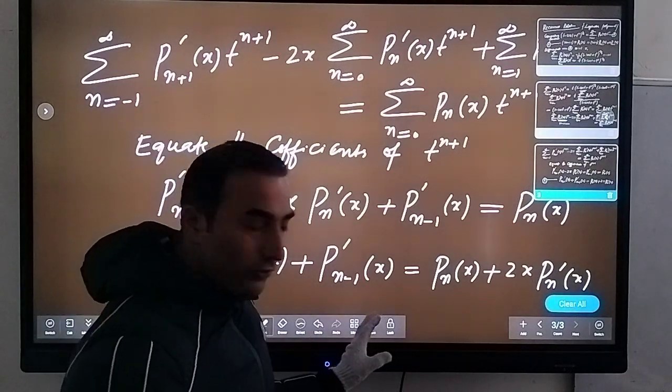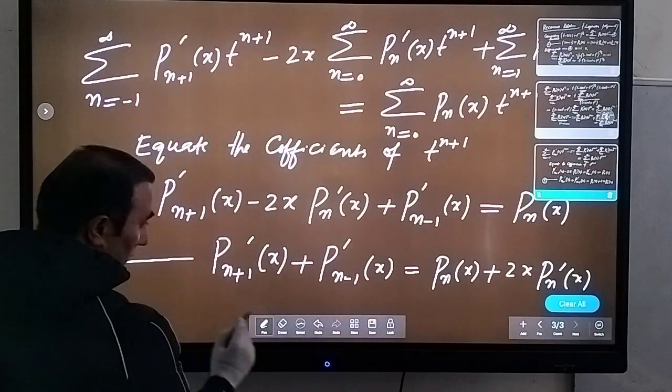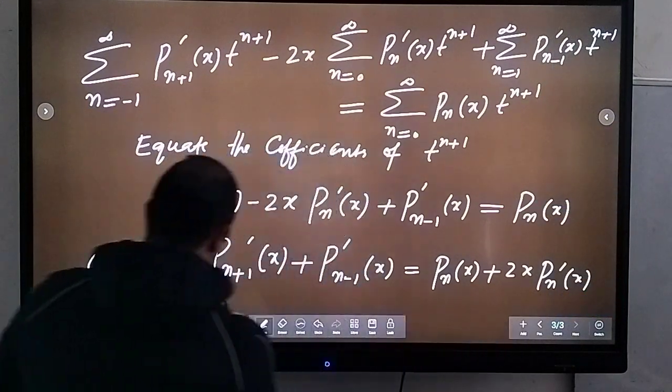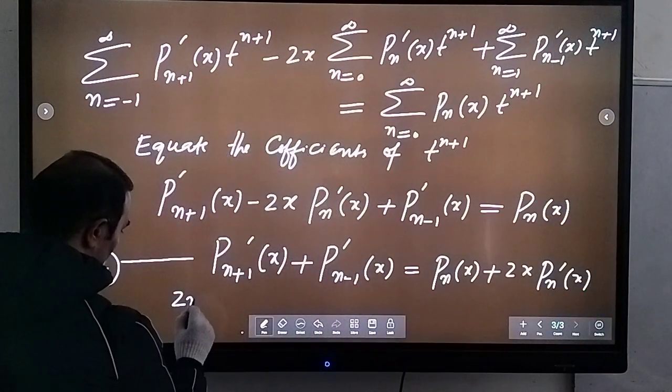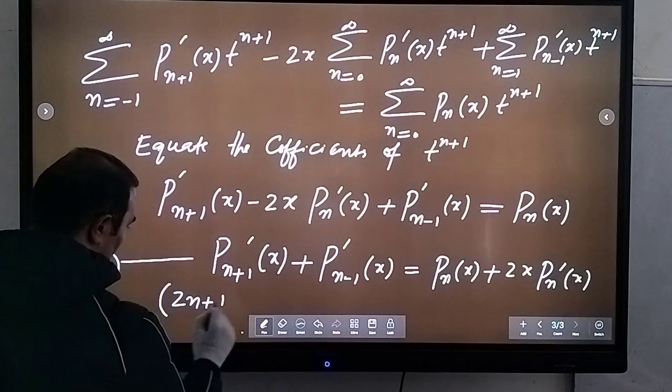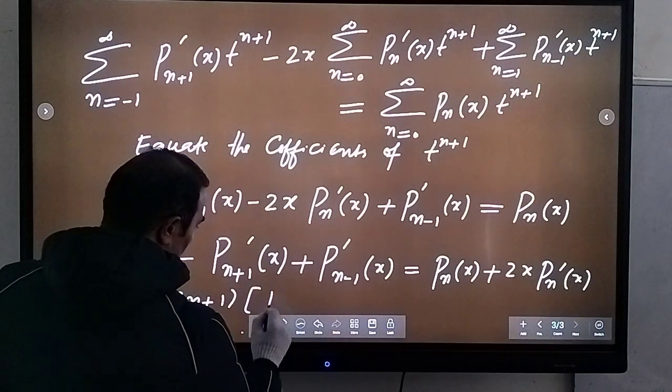So 2n+1, I will add this. So if I multiply here, or I can multiply here 2n+1, inside will be that P dash of.